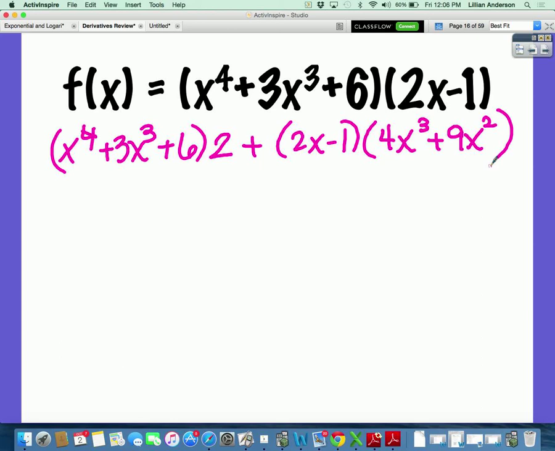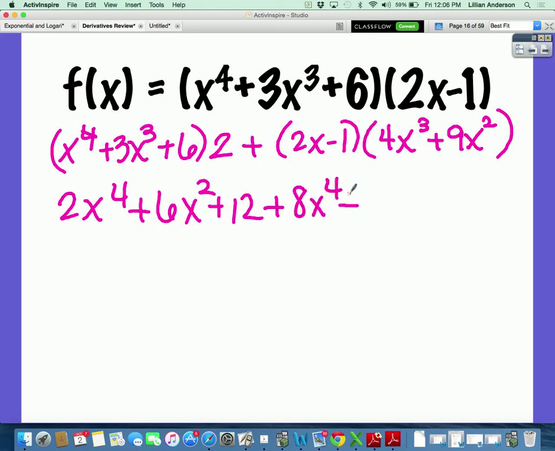So that's the hard part, using the rules. And now you just gotta simplify. So I want to distribute the 2 over. That 6x at the beginning is confusing.